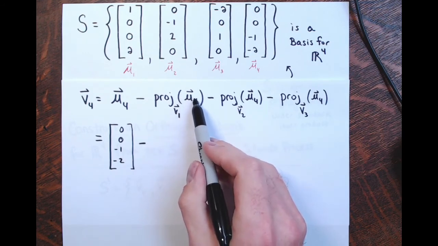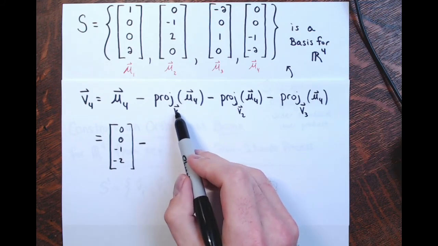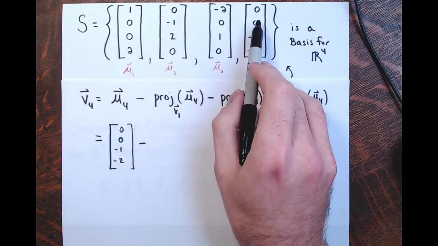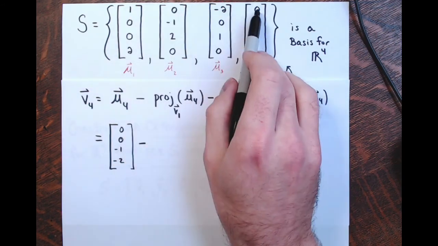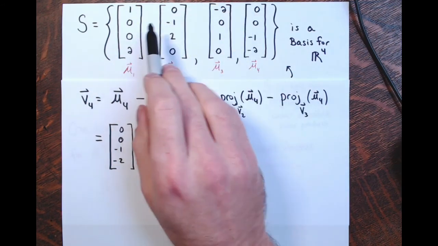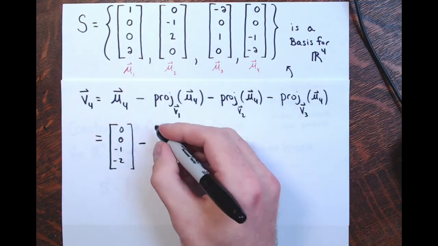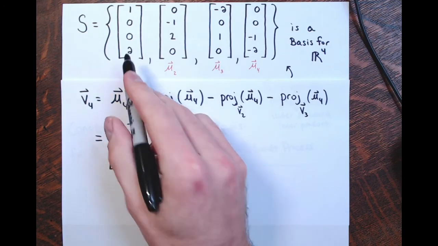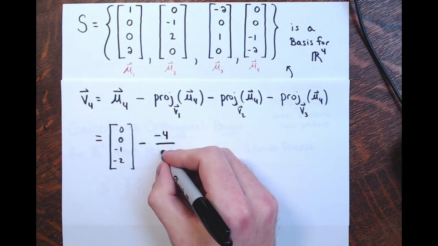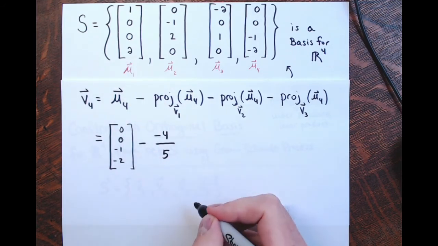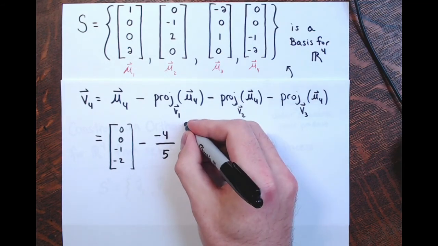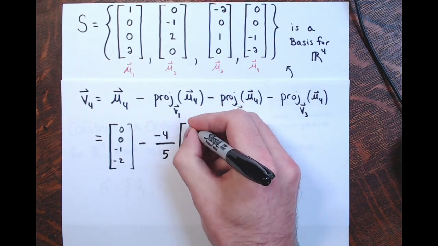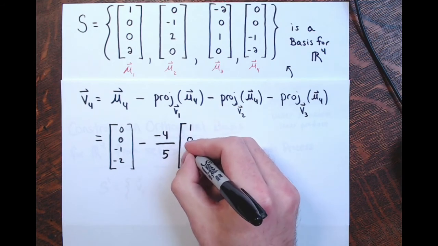The numerator is the inner product, or the dot product in this case, of u4 with v1. And remember, v1 was the same as u1. So the dot product of these two vectors. So we have 0 plus 0 plus 0 minus 4, divided by, and then we saw the dot product of v1 with itself, or u1 with itself, same thing, would be 5. Then times v1, which was the same as u1, 1, 0, 0, 2.